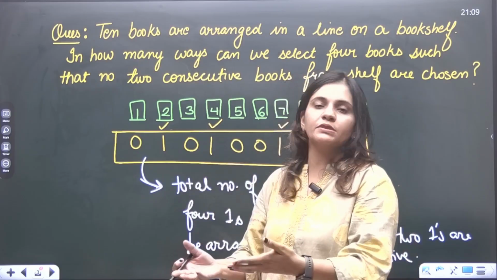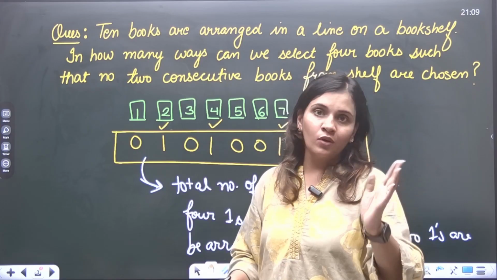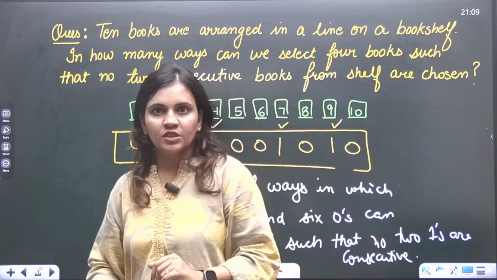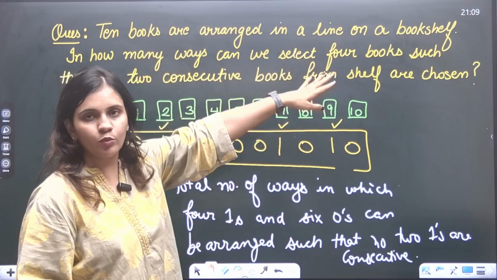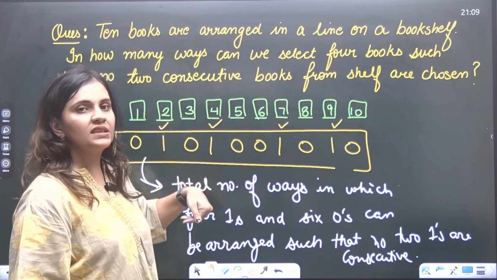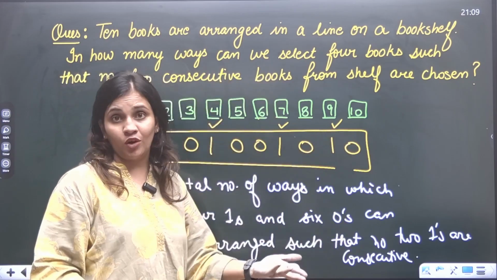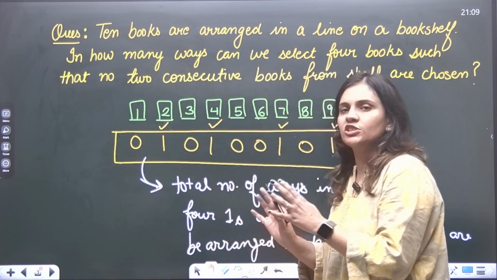It will represent some type of selection, and it will not end up in no required answer. So basically each sequence is a way to select 4 books out of 10 if 2 books are not consecutive, and each binary sequence will give me a unique way of finding it. So it's a bijection. That's why we call it a bijection principle.